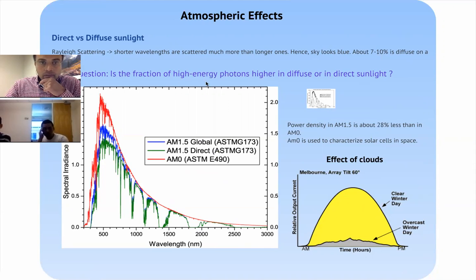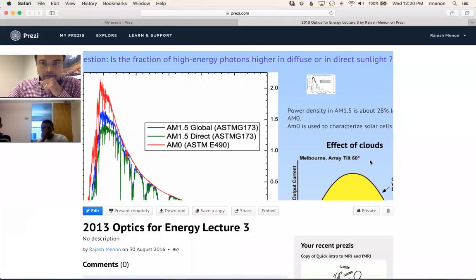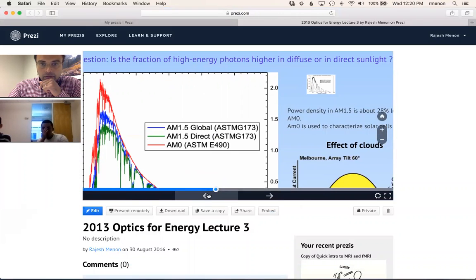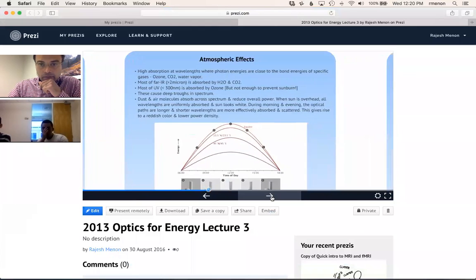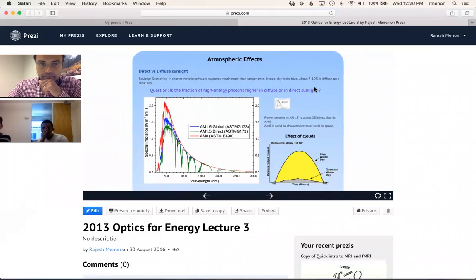Okay, so let's do a quick practical example, thinking about all these concepts that we just talked about. Is the fraction of high energy photons higher in diffuse or in direct sunlight? Think about diffuse and direct sunlight. Which one has more high energy photons compared to low energy photons? Not flux, but the energy.